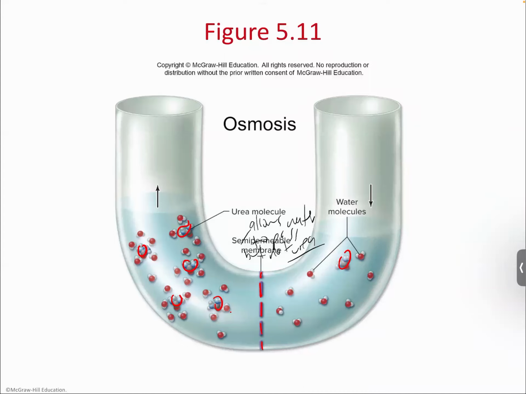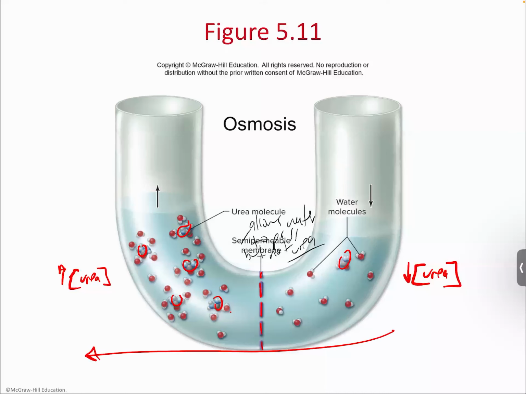So which direction is water going to move? If you have your high urea concentration over here, your low urea concentration over here, the direction of water is going to be moving where? If we use the mantra salt sucks, or solute in this case sucks, then it's going to move in that direction.